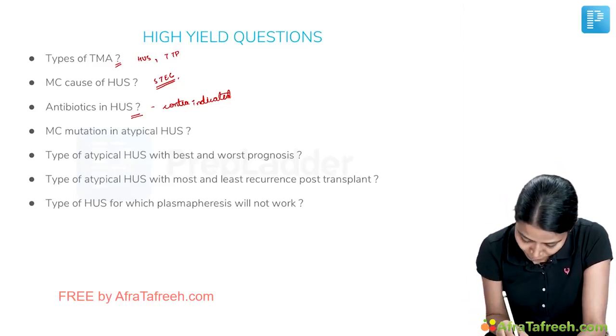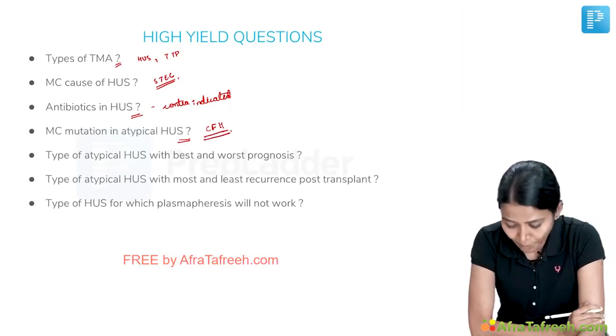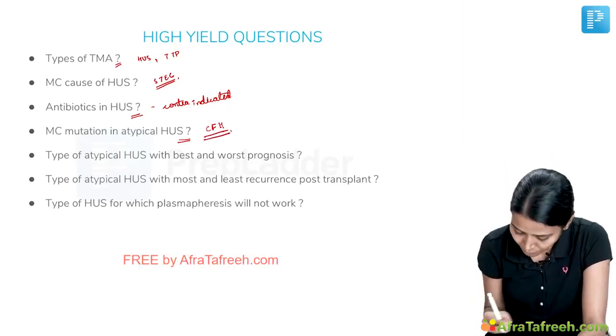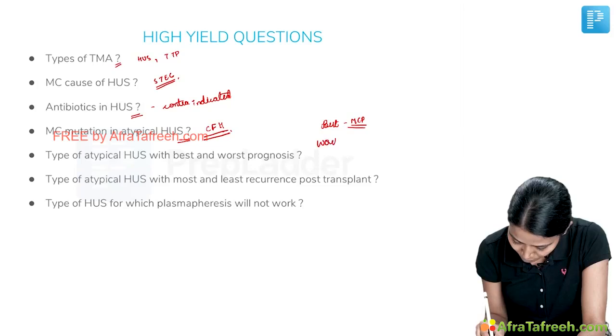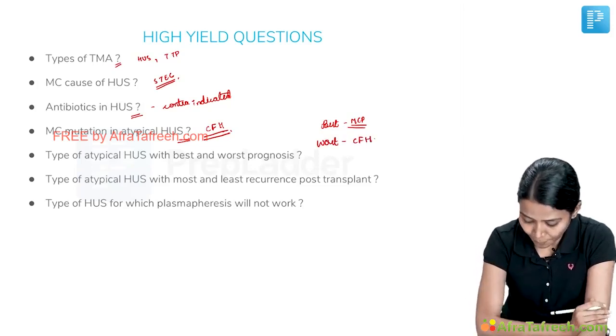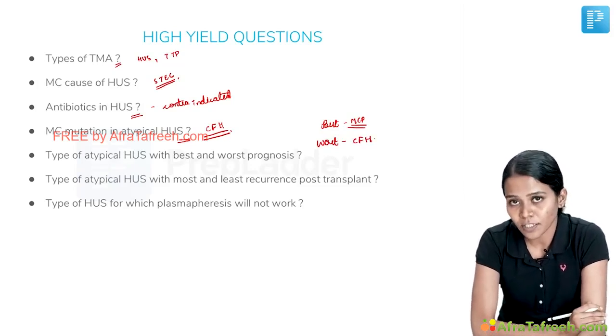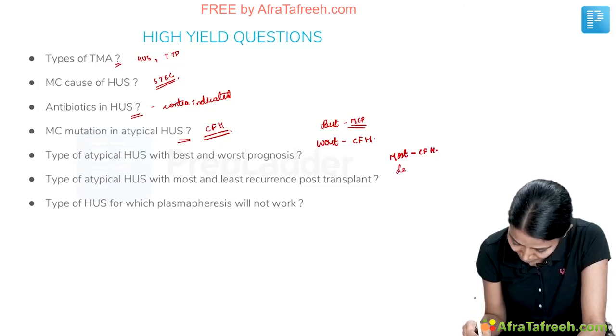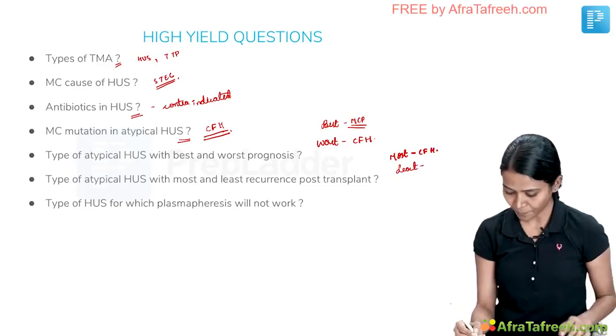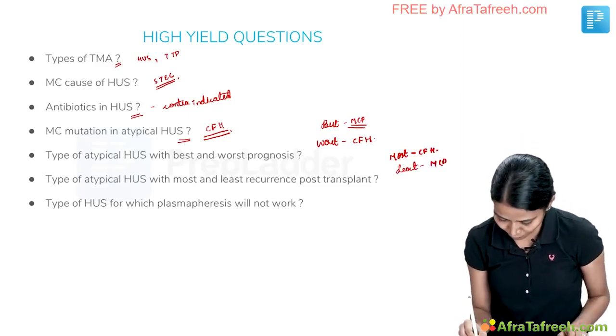Next, most common mutation in atypical HUS is complement factor H. The type of atypical HUS with best and worst prognosis: the best prognosis is membrane cofactor protein, worst prognosis is complement factor H. Type of atypical HUS with most recurrence and least recurrence: most recurrence is again complement factor H and least recurrence is membrane cofactor protein.